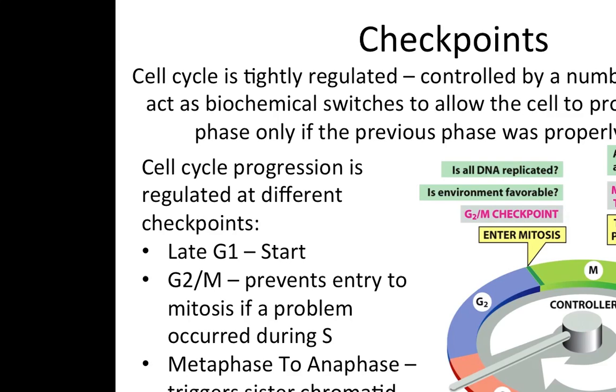Your G2/M checkpoint, is the DNA replicated, right? So there's DNA damage that prevents completion of DNA replication. So you do not want to segregate your chromosomes if DNA replication hasn't been completed, right? That seems like a bad choice. Metaphase to anaphase transition: you don't want to segregate your chromosomes if the mitotic spindle hasn't grabbed onto every chromosome.